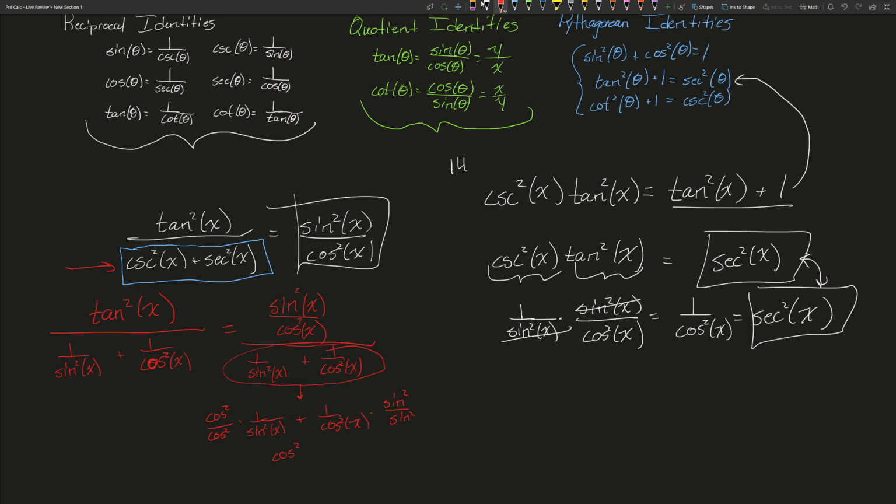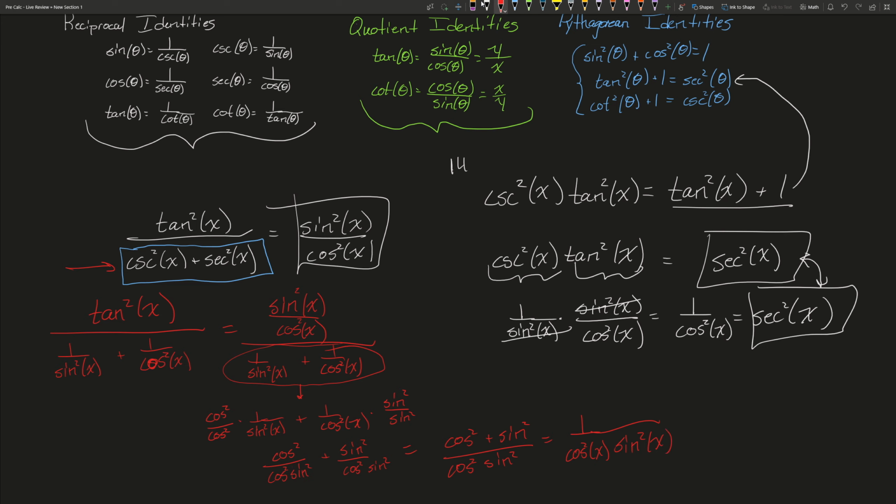cosine squared, which means that we can do cosine squared plus sine squared over cosine squared sine squared, which is really just equal to 1 over cosine squared times sine squared.